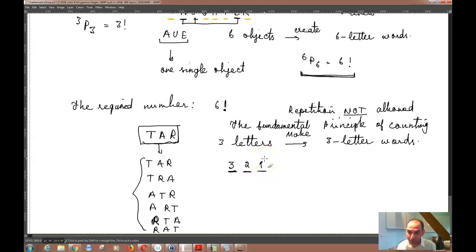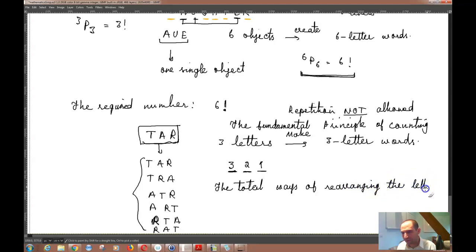And now in the fundamental principle of counting, the total ways of arranging or rearranging the letters would therefore be 3 times 2 times 1, which is equal to 6, which is the number of words that I got over here. These are actually 6 words.